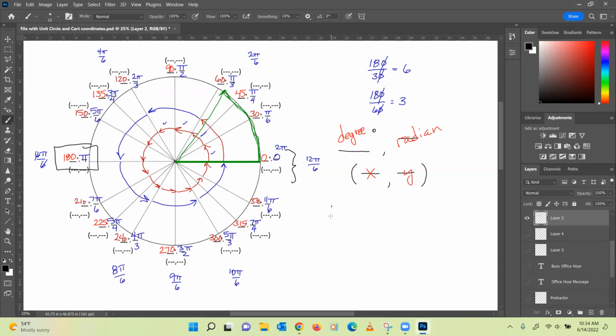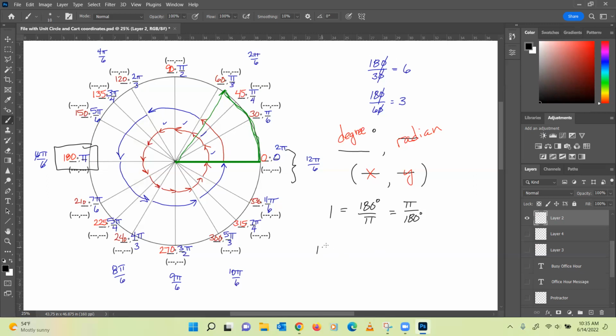That means that 1 would be 180 degrees over pi, which would equal pi over 180 degrees. Those all equal 1.